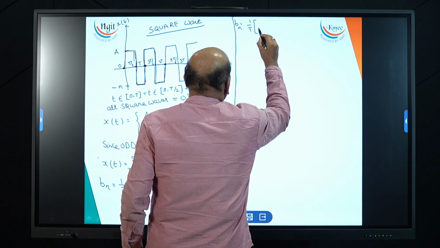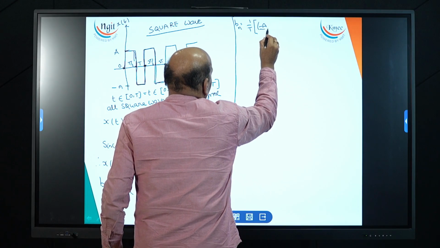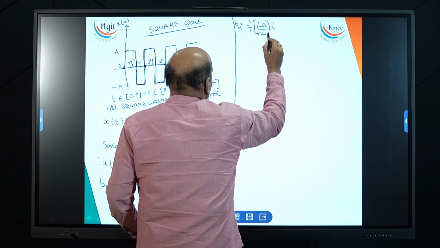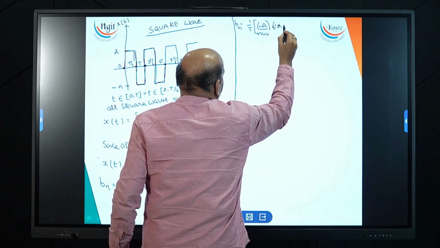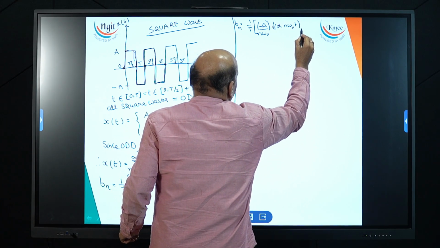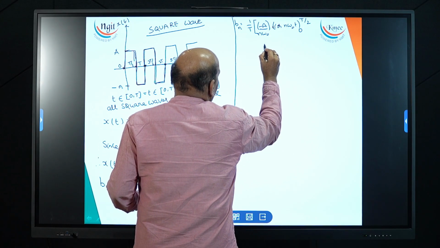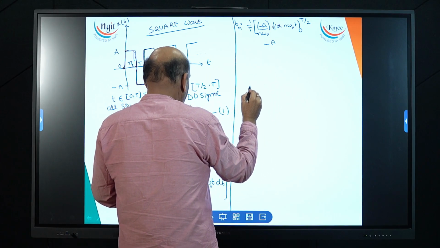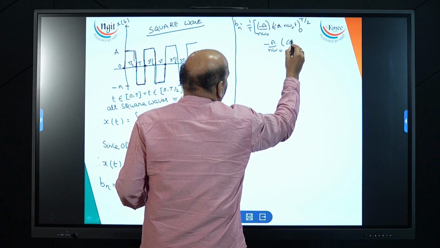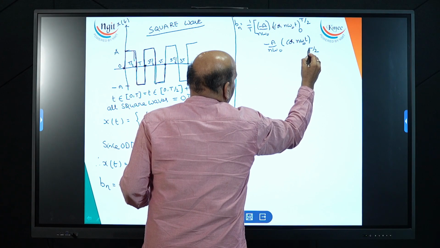So I am keeping the constant minus A by n omega naught into cos n omega naught t between the limits 0 to T by 2, plus here also constant minus A by n omega naught into cos n omega naught t between T by 2 to T.